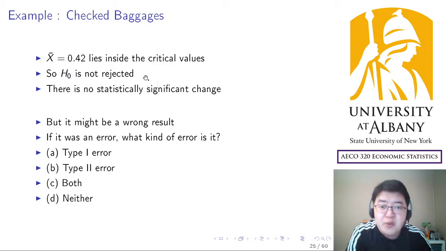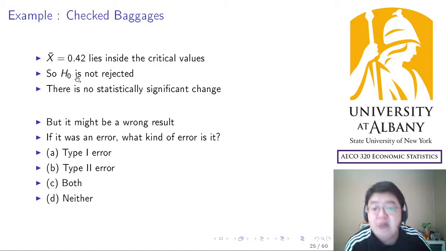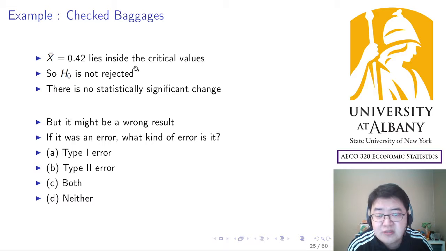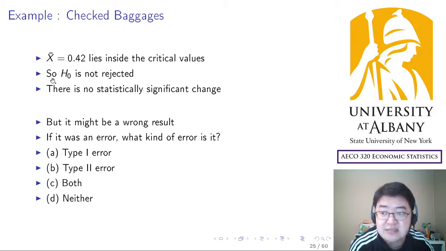So the key point here is you could not reject H0. If this decision was an error, that means H0 is actually wrong, but you did not reject it. That's the only error you can think of in this case.